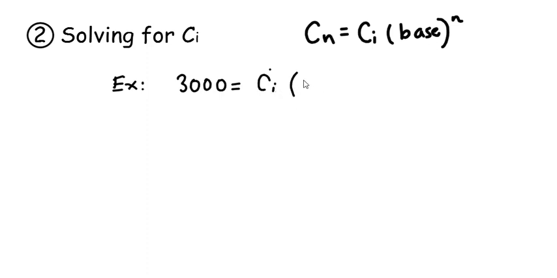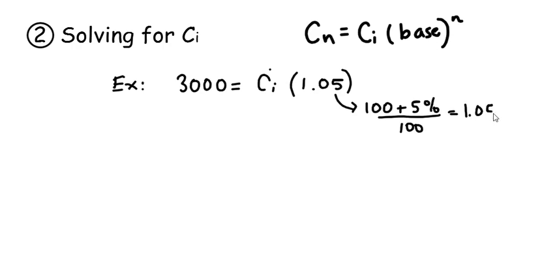We know that the investment rate was 5%, pretty high, but that's the investment rate. Let me remind you, that would have come from 100 plus 5% divided by 100, and that's 1.05. And let's say this happened for 8 years.